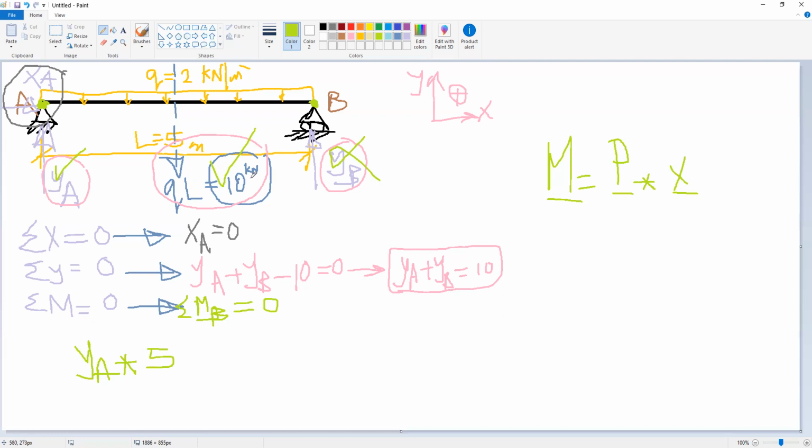Do you know? 2.5 meters, at the middle of the span, the middle of L. So this distance is L by 2, which is 2.5 meters. Okay. So the force 10 multiplied by the distance 2.5 meters. This should be equal to 0. But what is the sign for this moment and this moment?